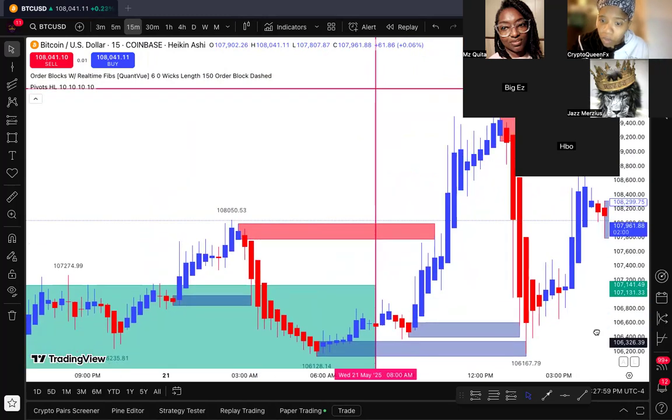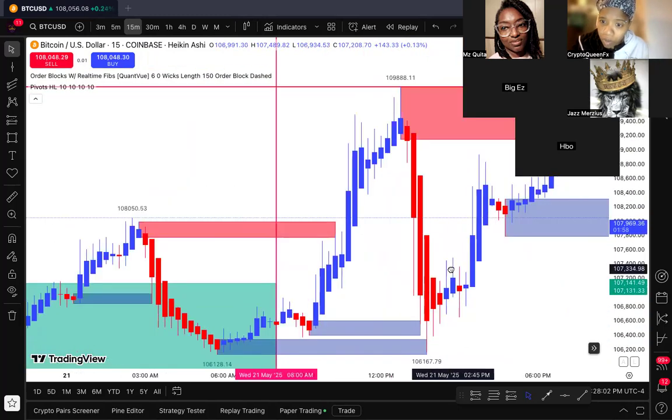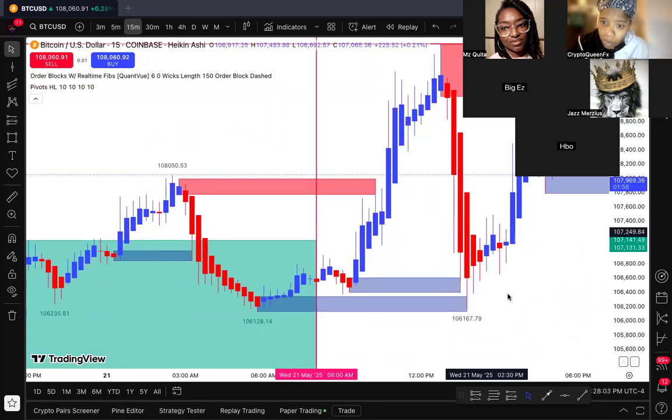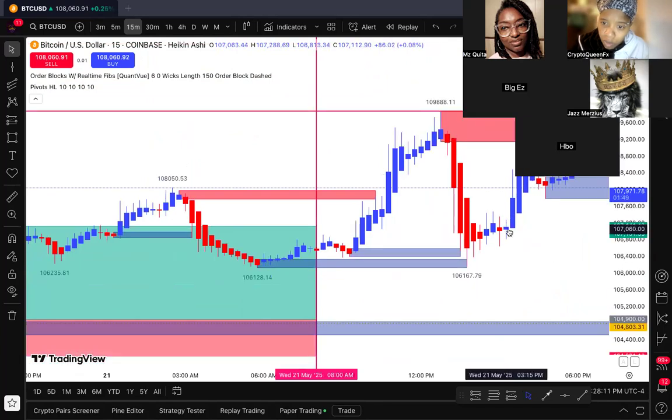So when it made the new high, it came to entry right here. And right here, this is an entry. When it bounced out of this order block here, you could have entered on the next candle.